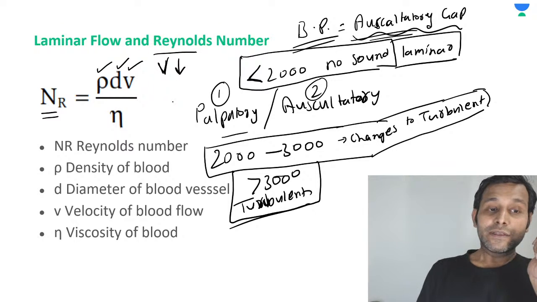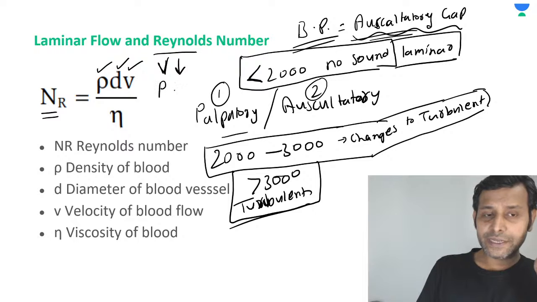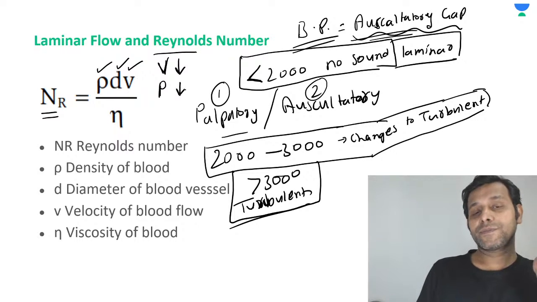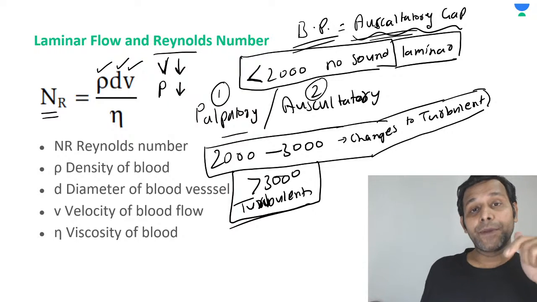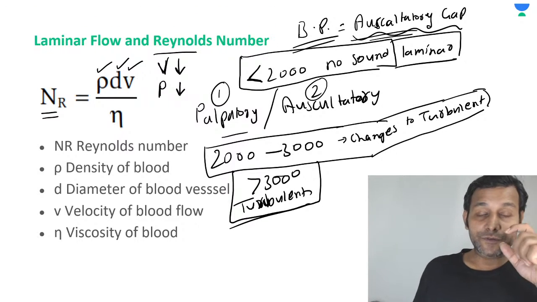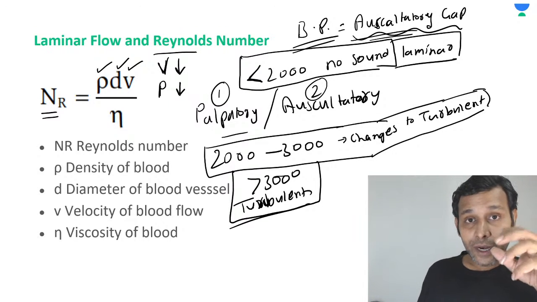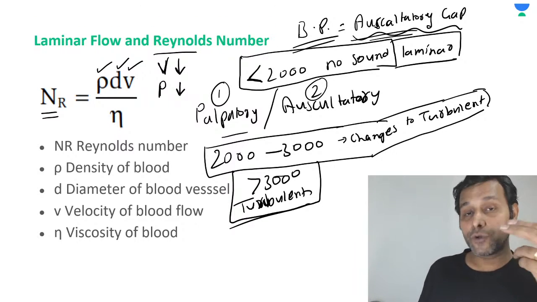First point. Second point, what about the density? The density of blood flow also decreases. Why? Because at this point of time, blood is like a non-Newtonian fluid.